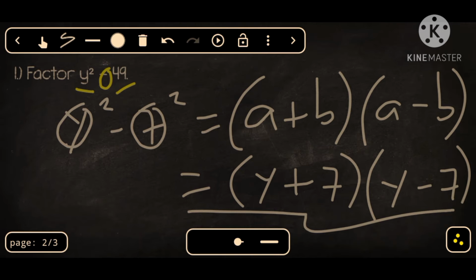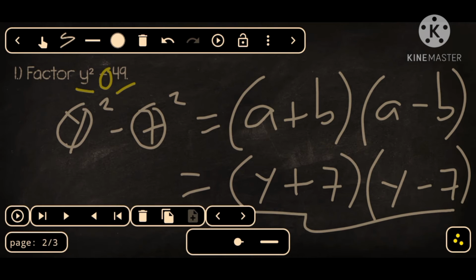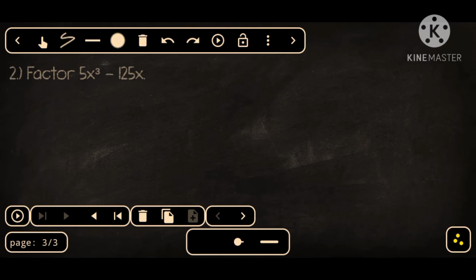Okay, so let's have another example. Factor 5x cubed minus 125x. As you can see, it is a binomial, 5x cubed minus 125x, and the degree of the first term, 5x cubed, is 3, or cube. For the second term, 125x, the exponent is 1.